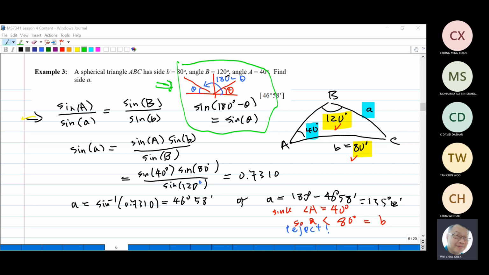If there's no issue there, I'll move on to example 4. So continue with the sine rule here.